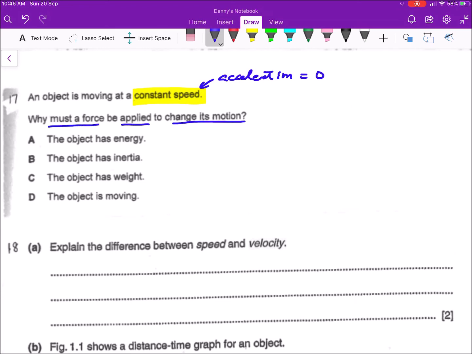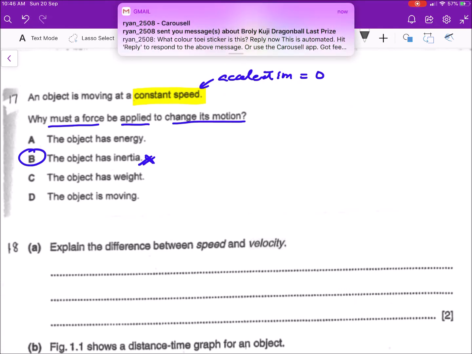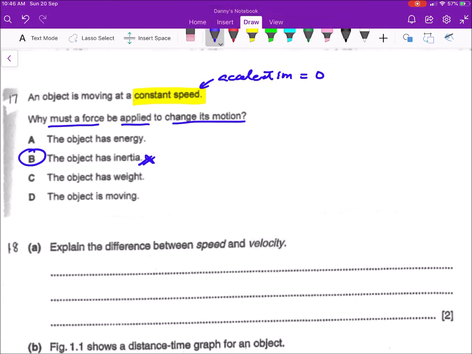Well, that is because the object has inertia. In order for you to cause changes in motion, you will definitely need a force. And inertia means that there's a certain reluctance for an object to naturally change its motion.